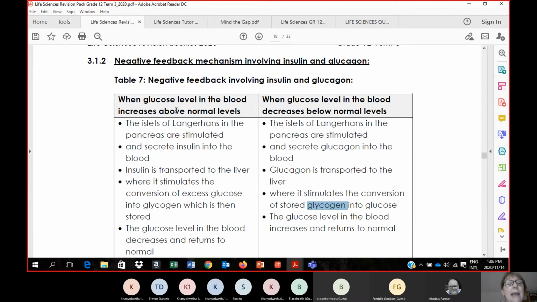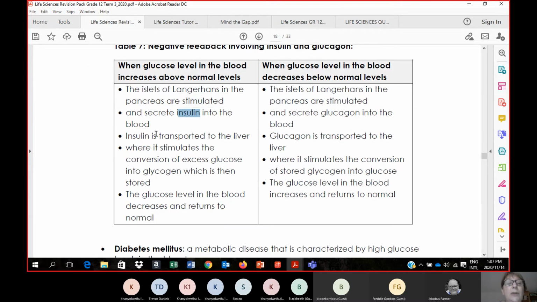So what happens is that in the pancreas, you've got these islets of Langerhans, and they are stimulated, and they produce the hormone insulin over here. What does insulin do? It goes to the liver, and it stimulates all this excess, all this extra glucose which you've got circulating in the blood. All that extra glucose is converted into glycogen, and it's stored in the liver and muscles, and the glucose levels go down again. All right.